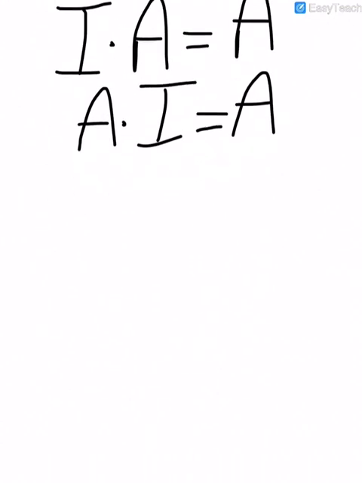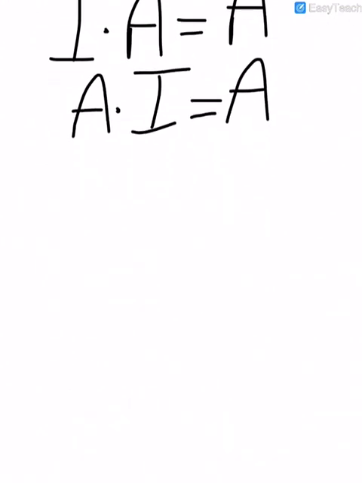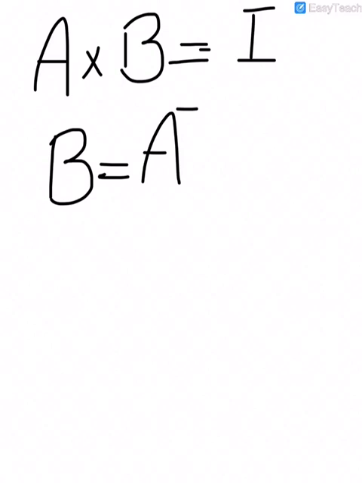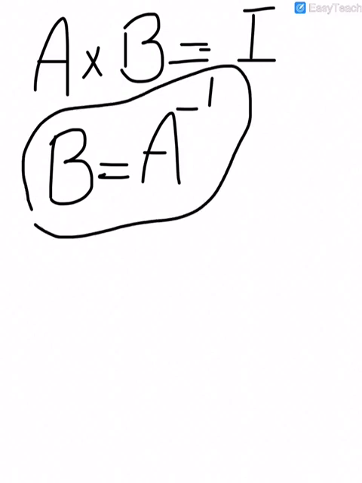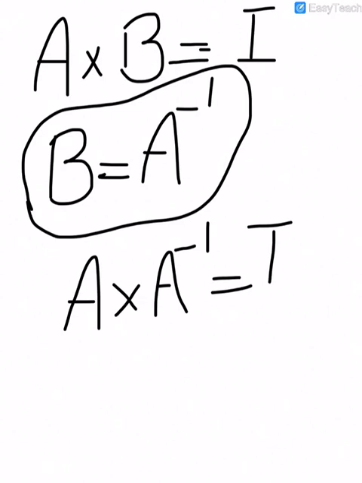So according to this definition of the inverse, if A times B is equal to I, then we say that B is the inverse of A. Right? Because the multiplication of A with its inverse is equal to I.